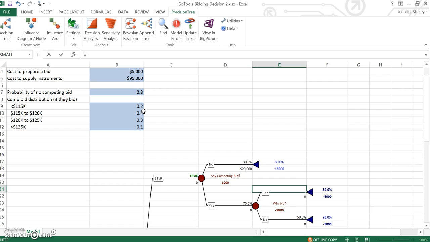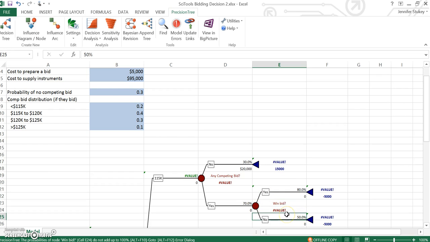And of course, if they bid more than us, then we will win. So since our bid number is 115, we are able to sum the rest of these for that probability. Okay. So there's an 80% chance that we will win the bid.